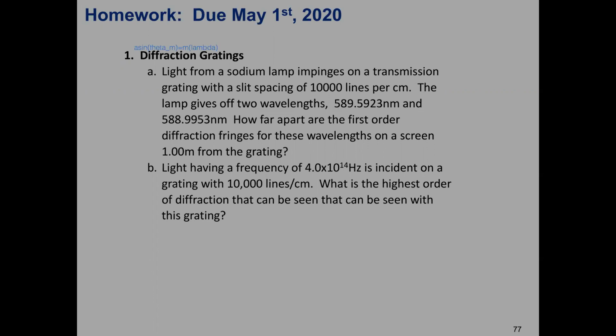So what is X prime for 589.5923 nanometers versus the second wavelength, given that you're looking at the first order diffraction fringe. And we put a screen 1 meter away from the grating. You can assume no lens in this problem. Same thing for part B, again, just numbers working with the grating equation.